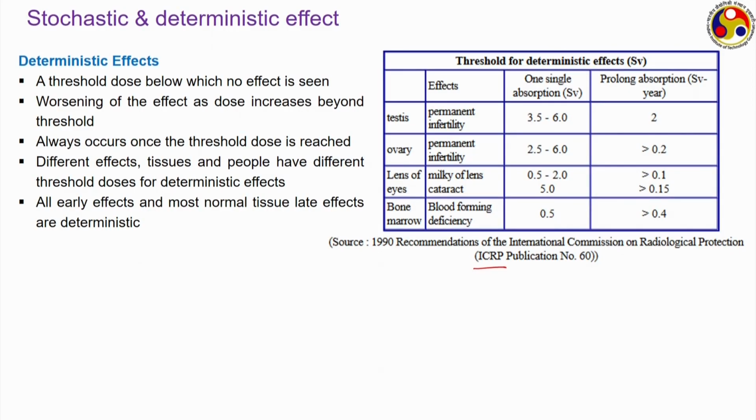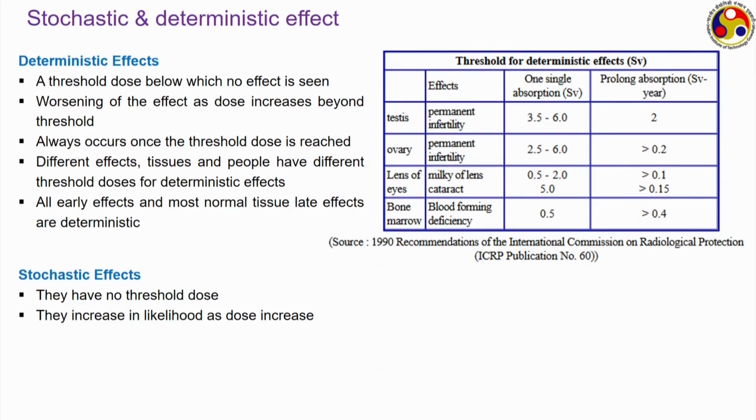Now, putting this in comparison with the stochastic effect, for stochastic effect there is no such threshold dose. Whether a stochastic effect will appear or not does not depend upon the magnitude of the radiation the object is subjected to. Rather, they are more likely with an increase in the dose.